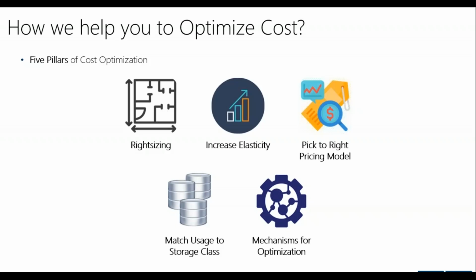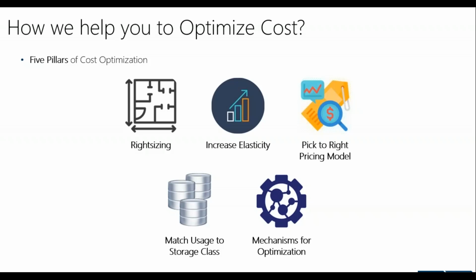There are five pillars which we talk about. Number one is right sizing. Number two is increase elasticity. Number three is pick the right pricing model. It is very important. If you are going to deploy any infrastructure in your premises or for your business, you have to make sure you choose the proper pricing model.